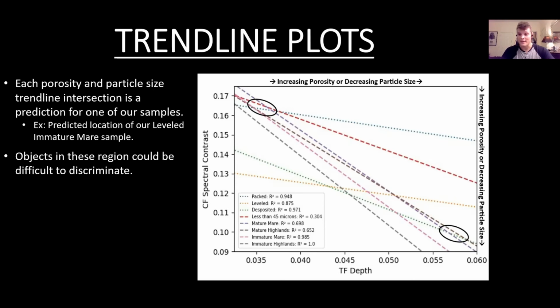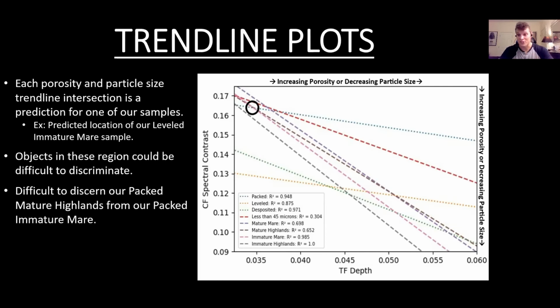If it landed in, say, the upper right-hand corner, however, it would be much easier to determine from something else because the lines diverge rather than converge. This region in particular is nearly impossible, at least at this resolution, to determine the difference. So our mature highlands and immature Mare packed samples would be really hard to discern.